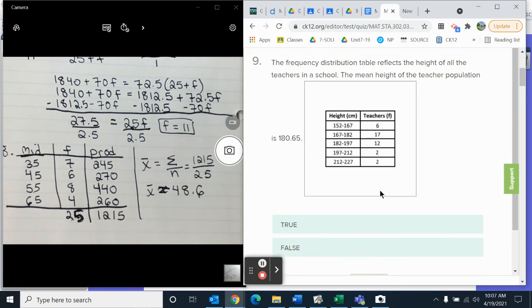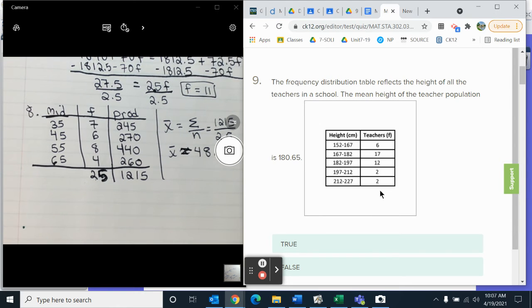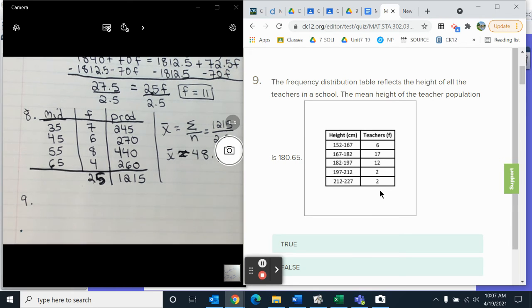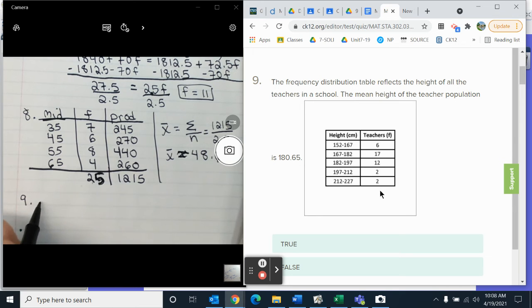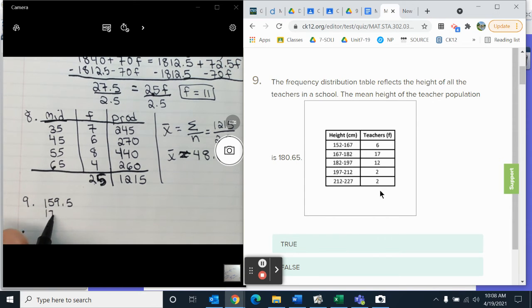Let's keep going. So again, our mean of the height of the teachers. So number 9, we need our mid-interval values. So what I would do is add those two up, 152 plus 167, and divide by 2. 159.5, and then the same, 167 plus 182, divide by 2, 174.5.